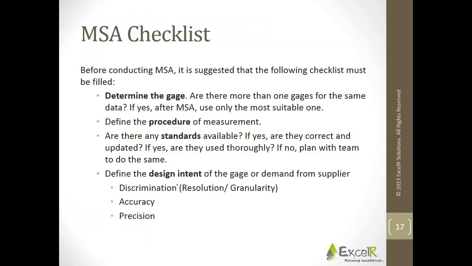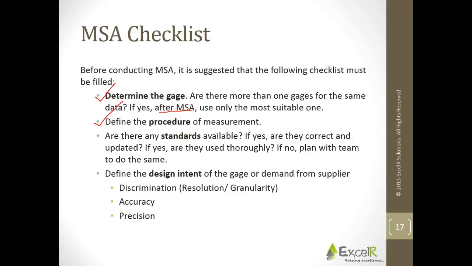So this is an MSA checklist. Before conducting measurement system analysis, it is suggested that the following checklist must be filled. Determine the gauge or the instrument that you want to use. Are there more than one gauges or instruments for the same data? If yes, after MSA, you have to pick that particular instrument which is most suitable.